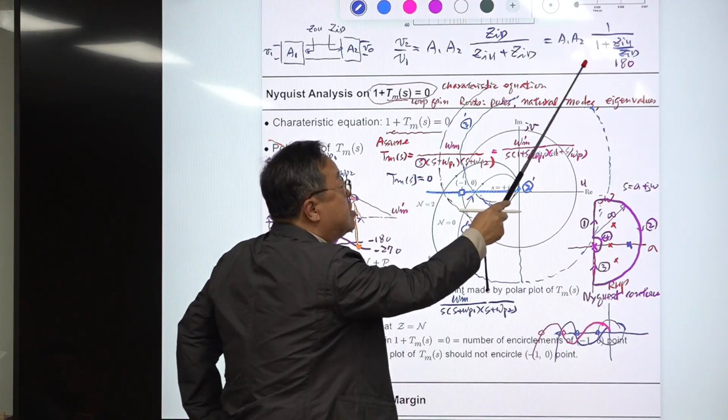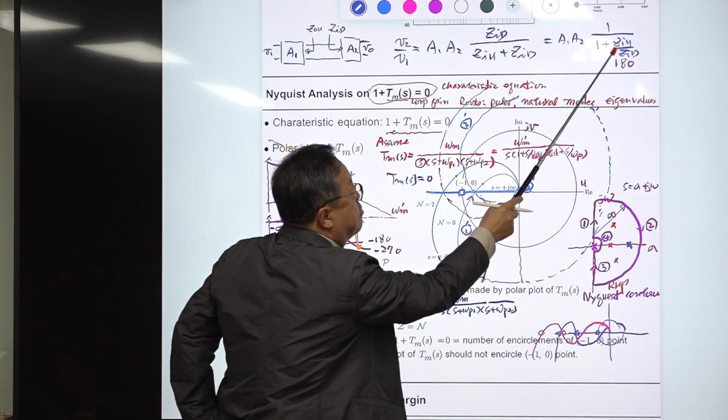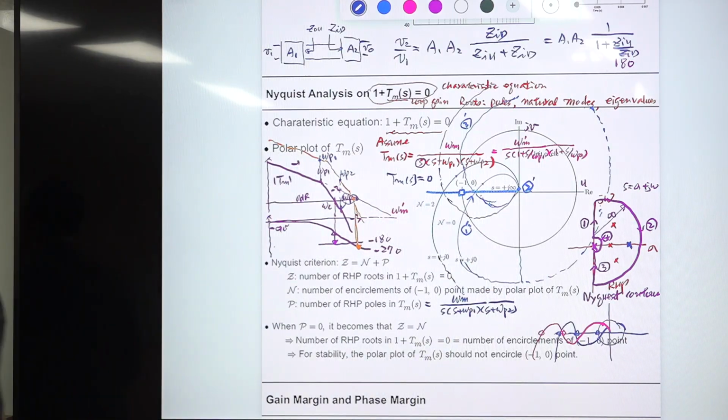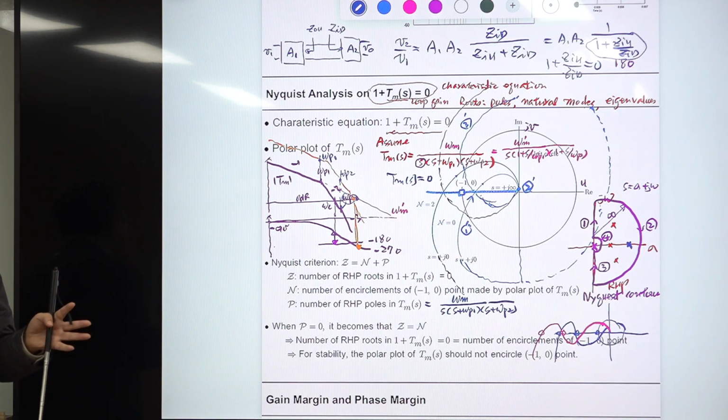Then this will determine the stability. Okay? There are three terms. This is stable. This is stable. Then the problem is whether this plus 0, this denominator 1 plus GIU/GID equals 0, has any RHP root is our interest. Okay, that determines the stability of the entire system.